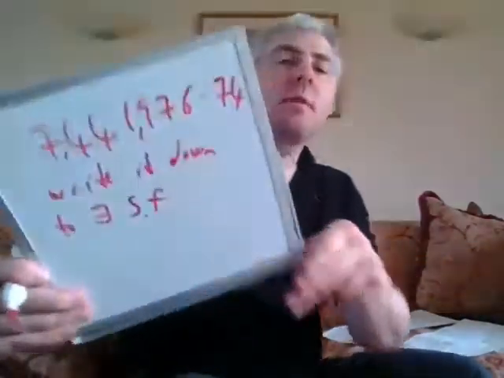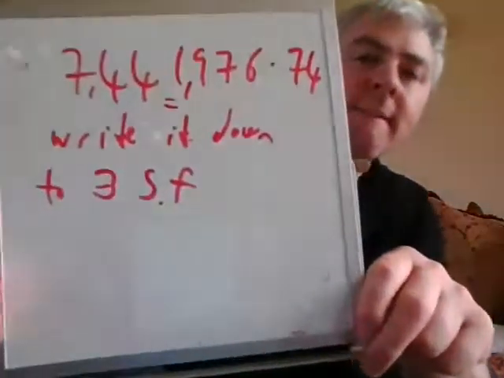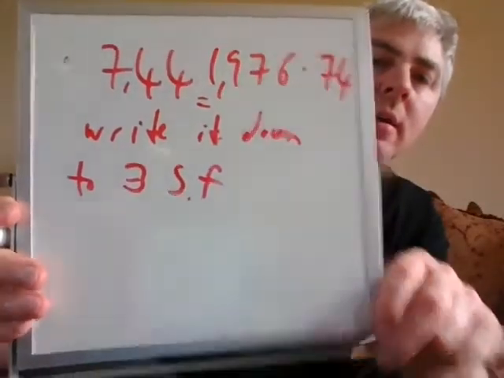Now, if I wanted to write that to 3 significant figures, I just look at the number there and underline the 1. 7441.